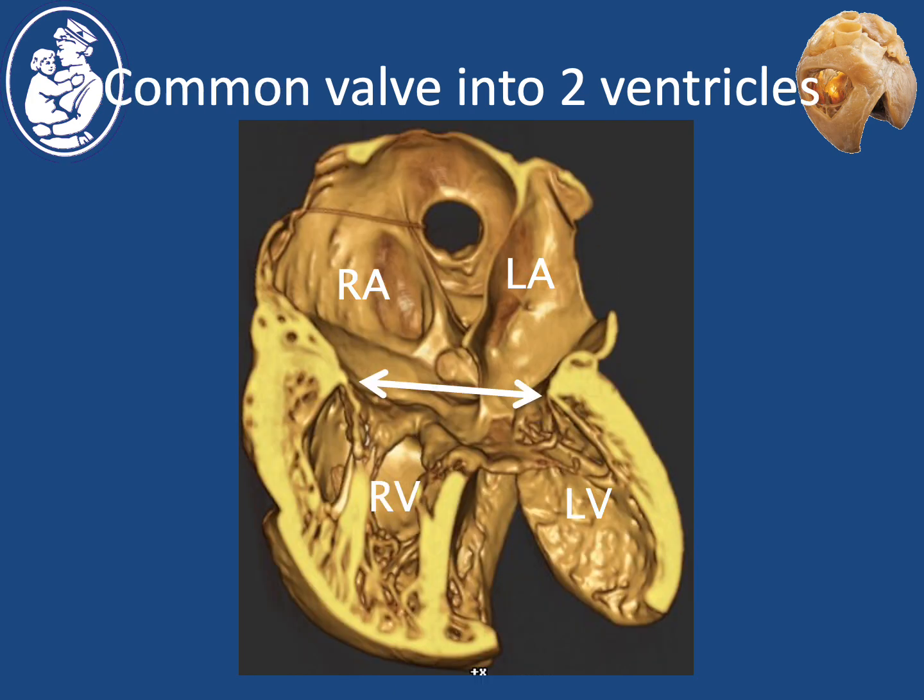In this heart, however, while there are two atria and two ventricles, and the right atrium is aligned with the right ventricle and the left atrium with the left ventricle, there is a common AV orifice that connects both atria with both ventricles. So this is a common valve into two ventricles.